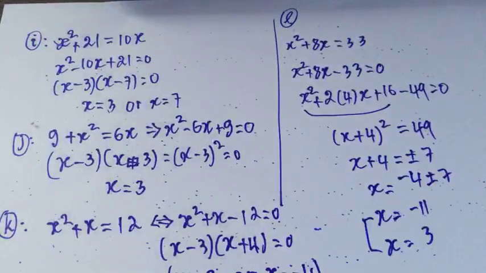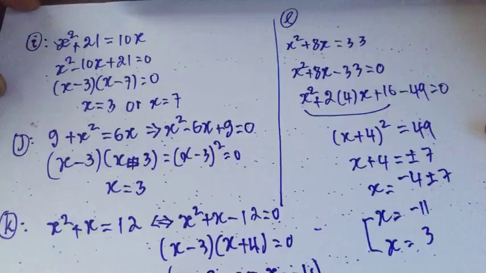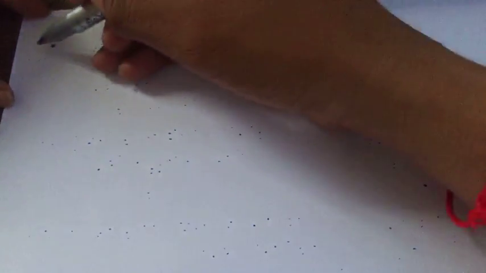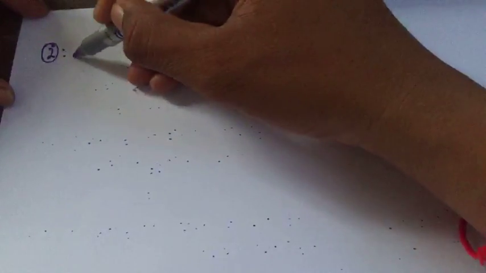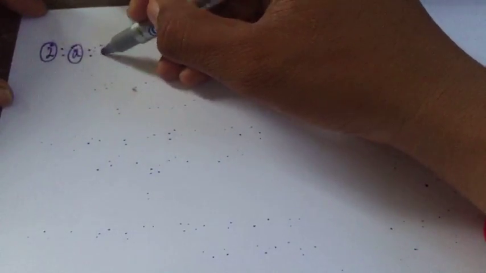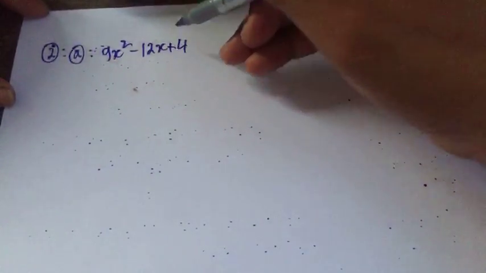So the quadratic equations we have to solve them. They can also be solved by factorization. For example, 9x squared minus 12x plus 4.